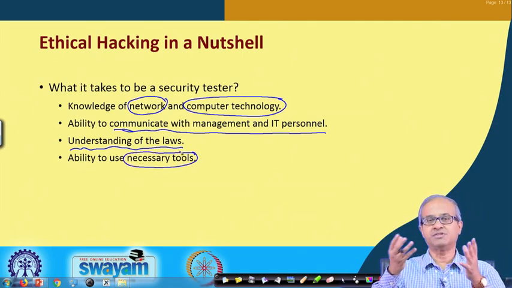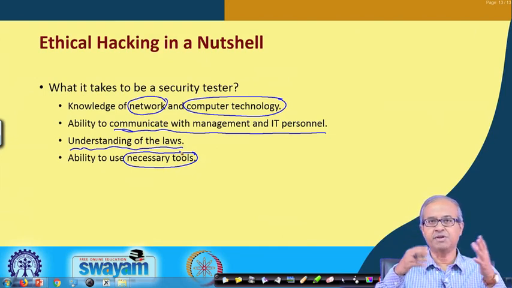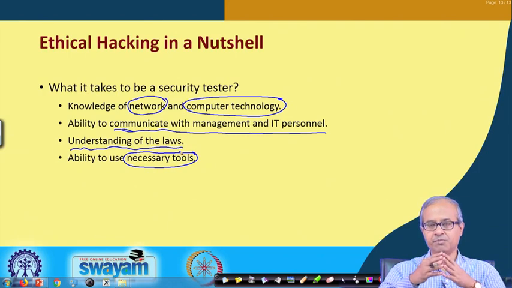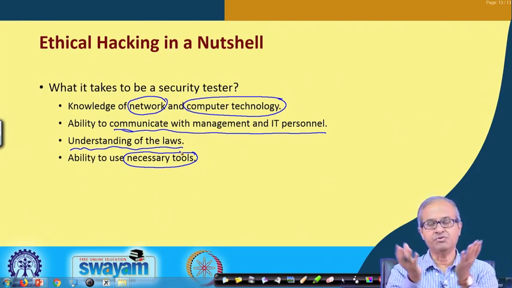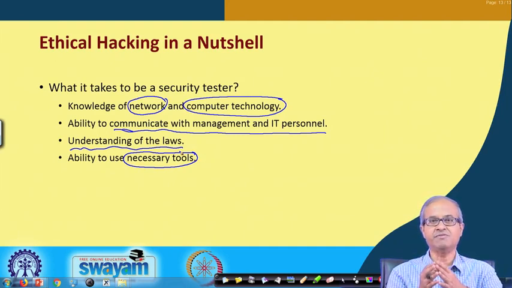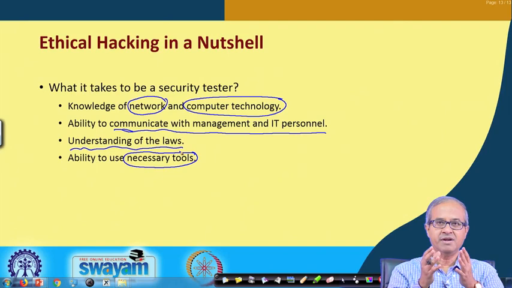Some of the tools may be freely available, some may have to be purchased, some you may develop on your own. So, you should have the entire set of tools at your disposal before you can qualify yourself to be a good network, you can say ethical hacker, penetration tester, or a security tester.